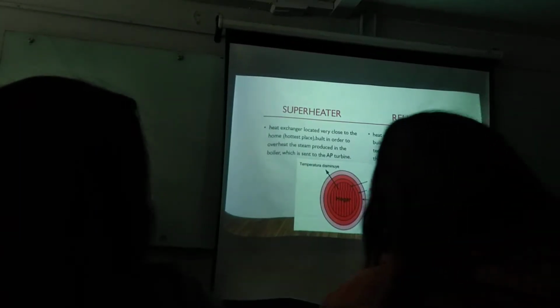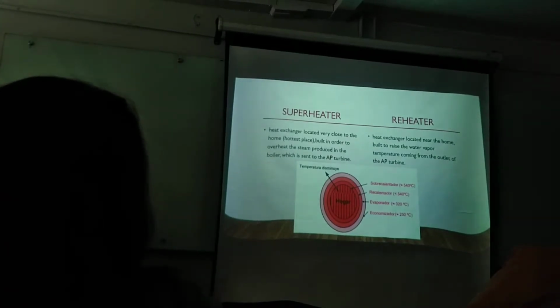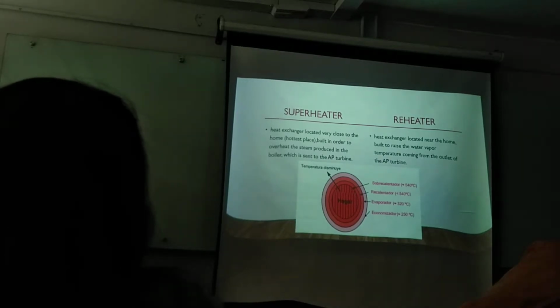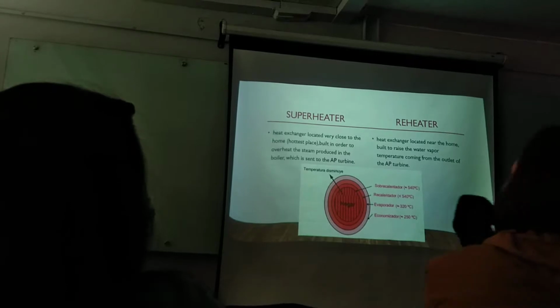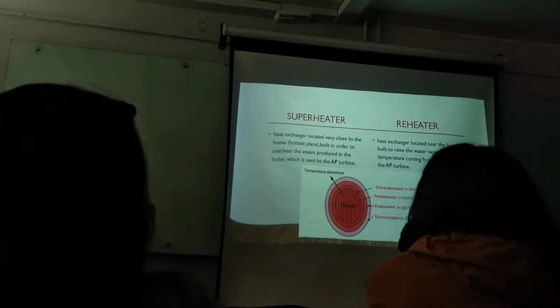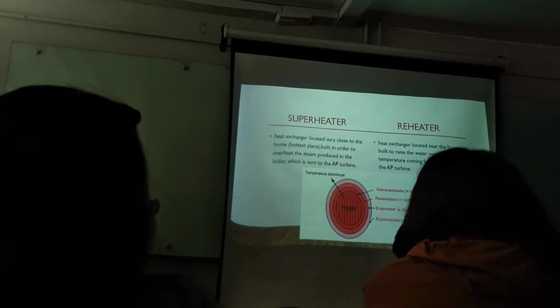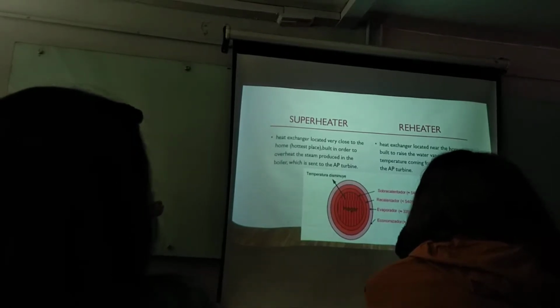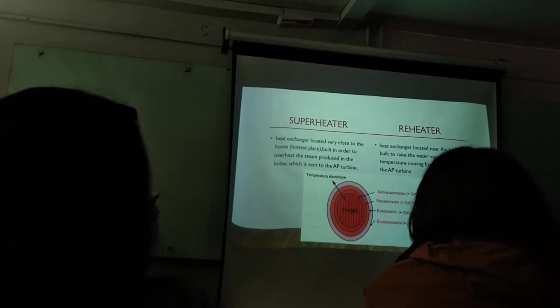The superheater is located near the hottest part. The hottest part in this diagram is the boiler, because the boiler is going to bring the energy to heat this fuel. This obviously elevates the temperature.